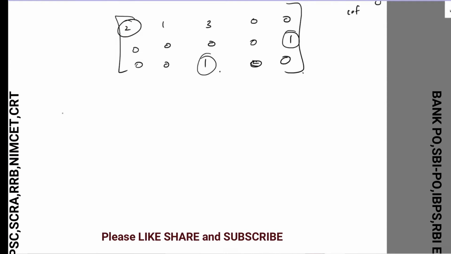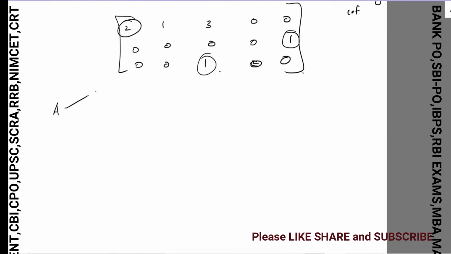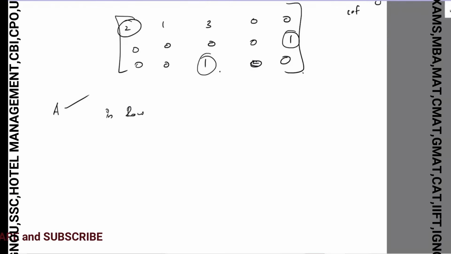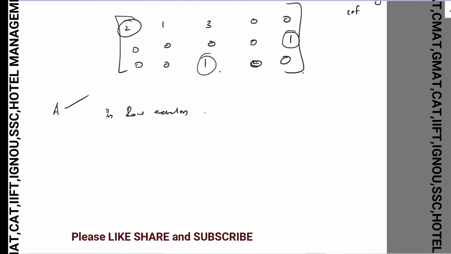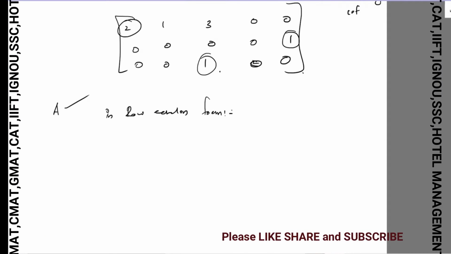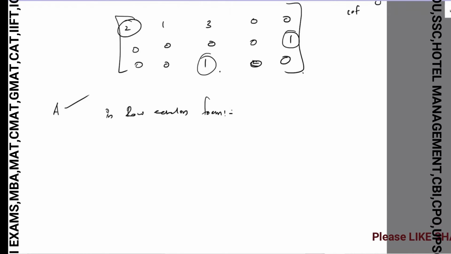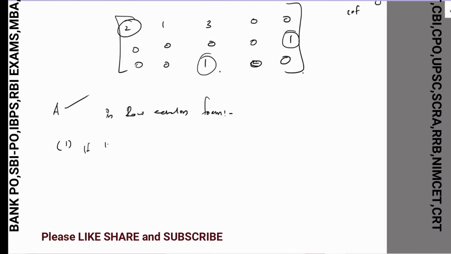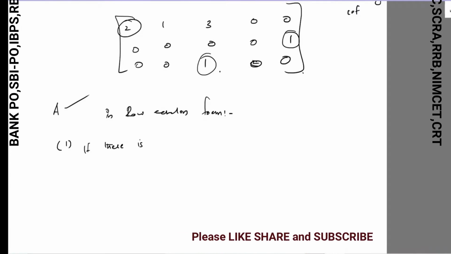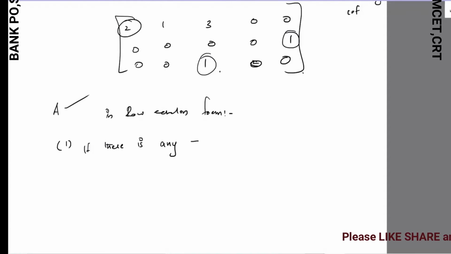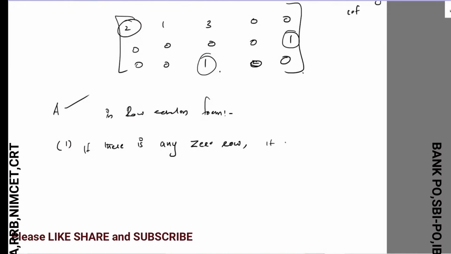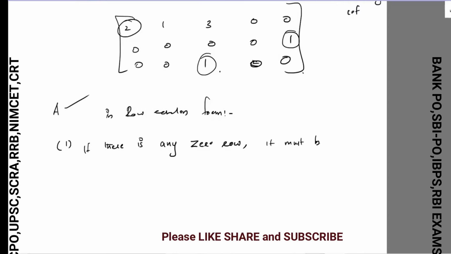Suppose that we are given a matrix A. That A is said to be in row echelon form if it satisfies two conditions. First condition: if there is any zero row, it must be at the bottom of the matrix.